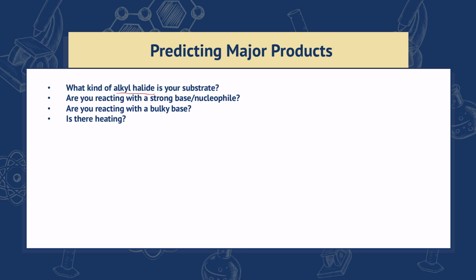So let's say first we have the primary alkyl halide. As mentioned earlier, primary alkyl halide prefers SN2 or E2 reactions. So you only have 2 options in this case, SN2 or E2. Then our next question, are you reacting with a strong base or nucleophile? If yes, which most likely is the case, you will go with an SN2 reaction.